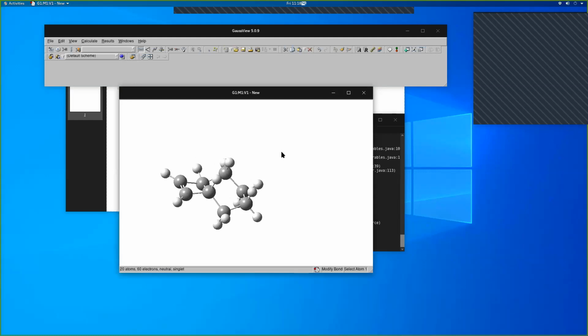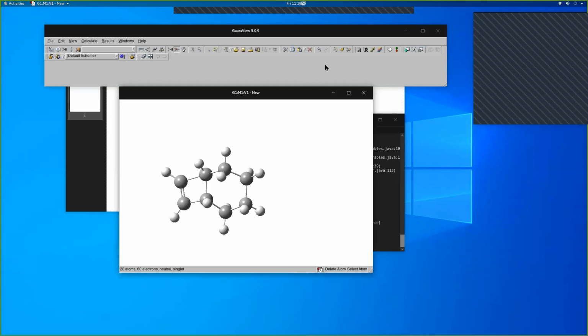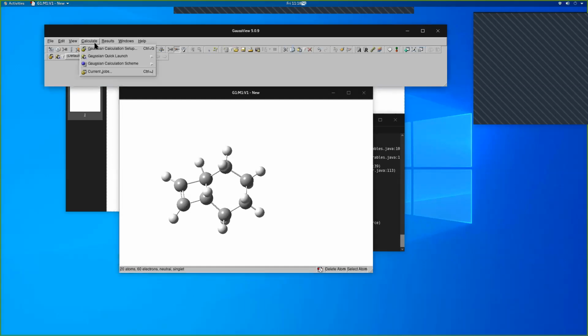I'm just going to do my own kind of conformational searching by adding hydrogens and removing them, because I want the cis bicyclic system, so that when I clean it, hopefully we will end up with a decent geometry. So now that we've chosen a model chemistry to go forward, we can do some calculations using that model chemistry.